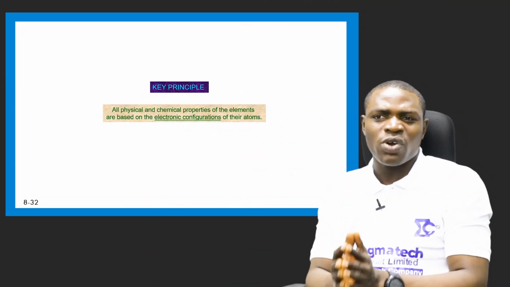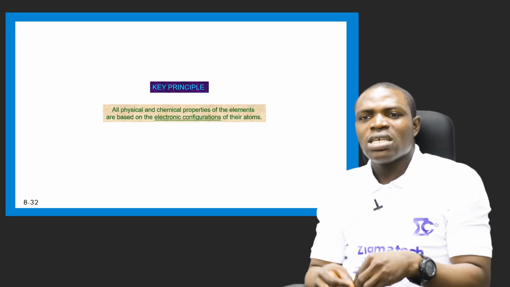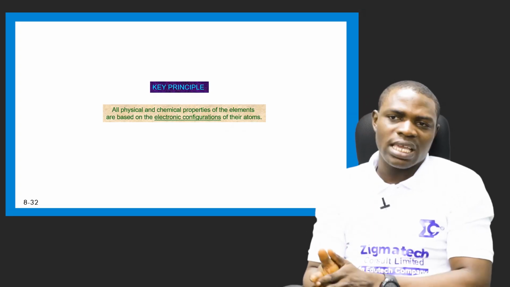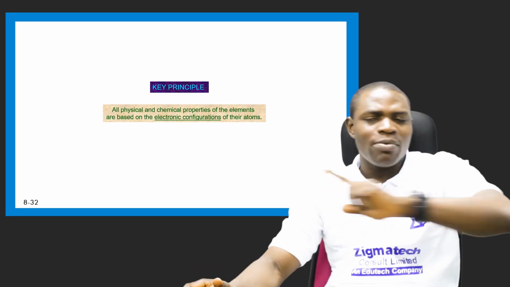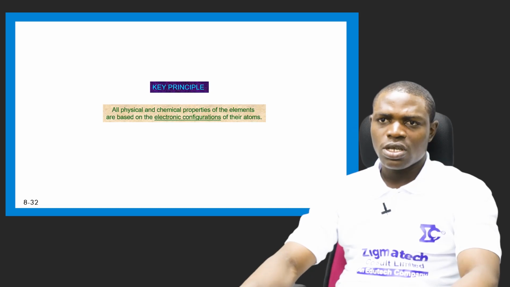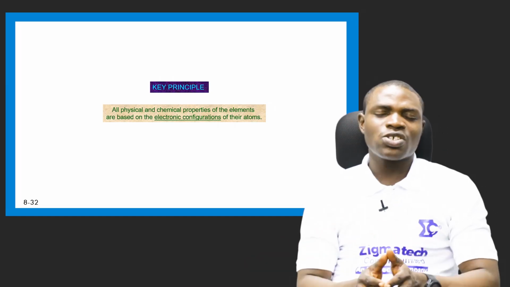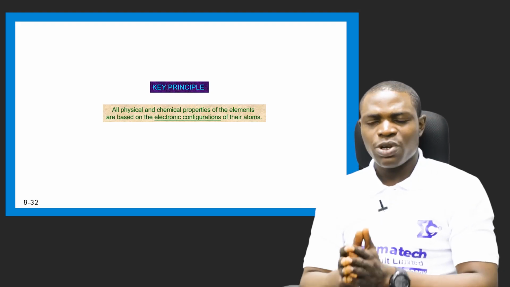So in other words, the electronic configuration of the atom is actually the determining factor of the physical and chemical properties of any element in the world that you are considering. So here we end electron configuration and periodicity.